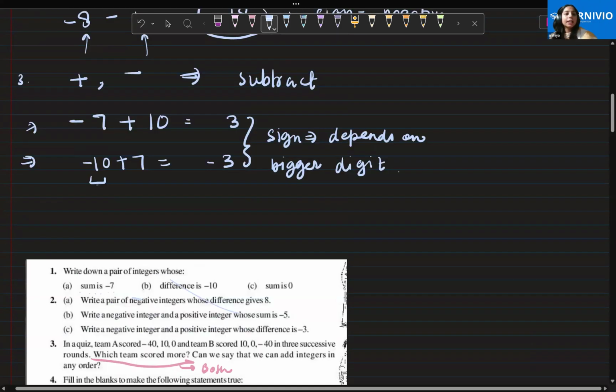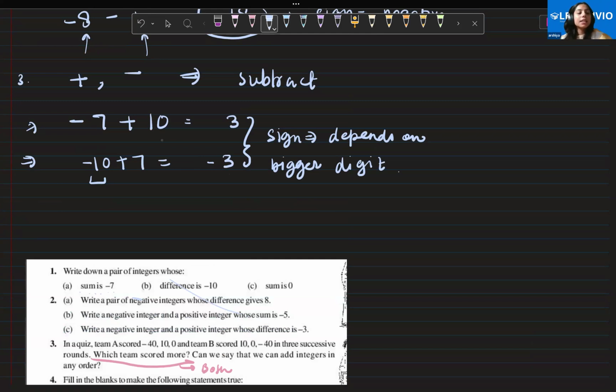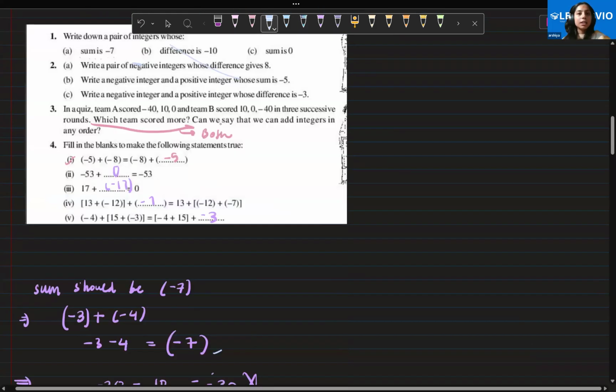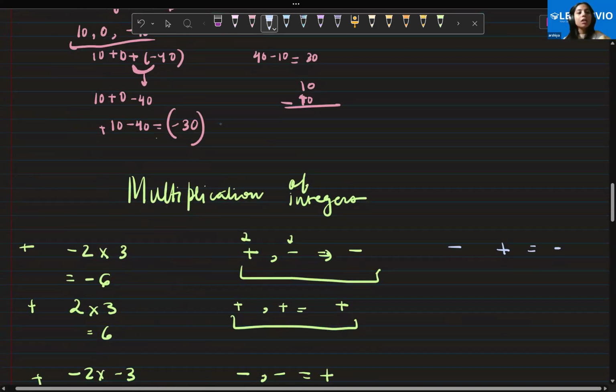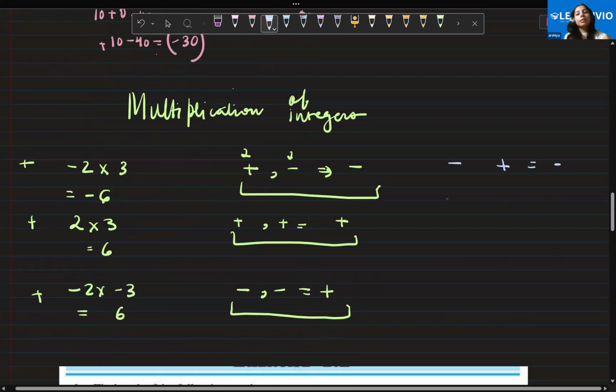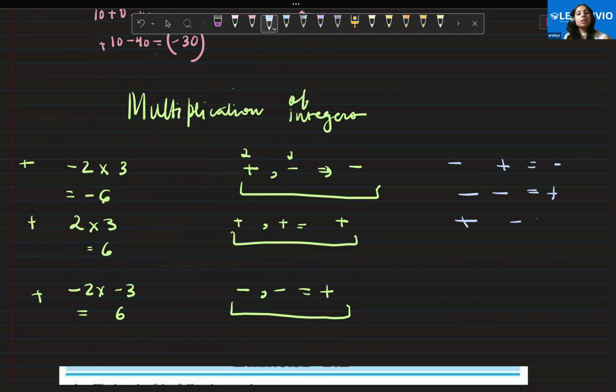Like in this case, 10 is bigger, so the answer will be -3. In this case, 10 is positive and bigger, so the answer will be +3. Whereas in multiplication, minus minus is plus, plus plus is also plus, and plus minus is minus. So you go with that.